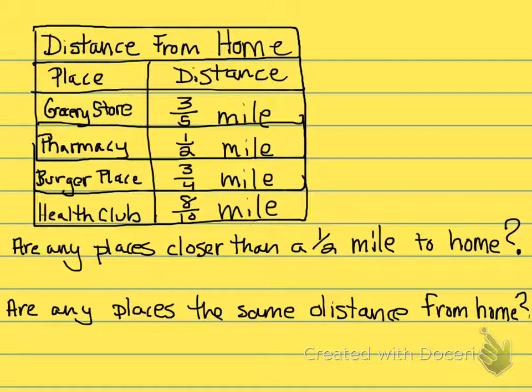Thank you. All right. So let's take a look at these denominators. We have tenths, fourths, halves, and fifths. I want to make equivalent fractions with all of these original fractions so that I can compare them more easily.